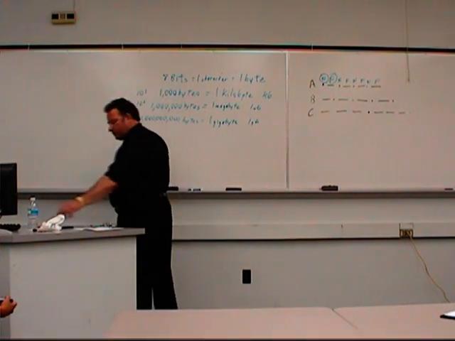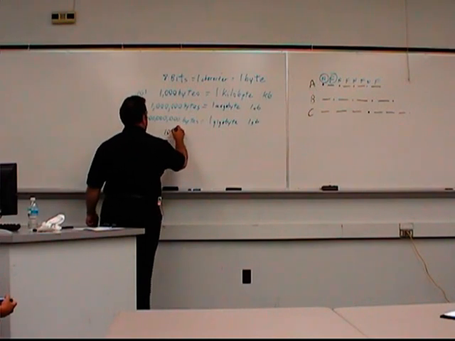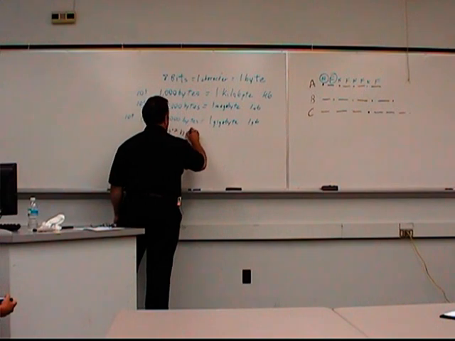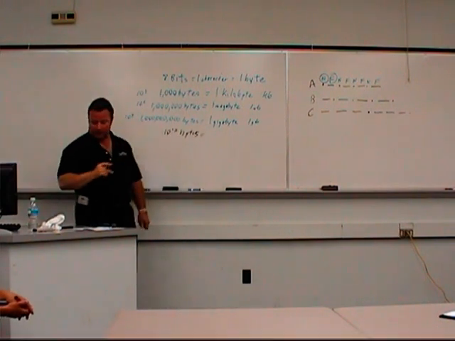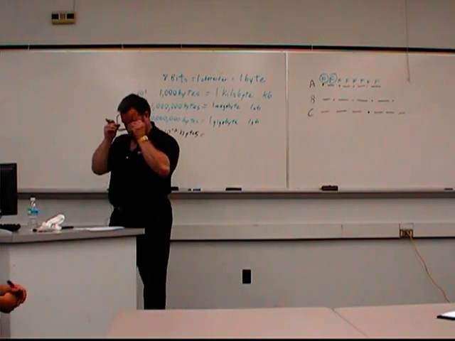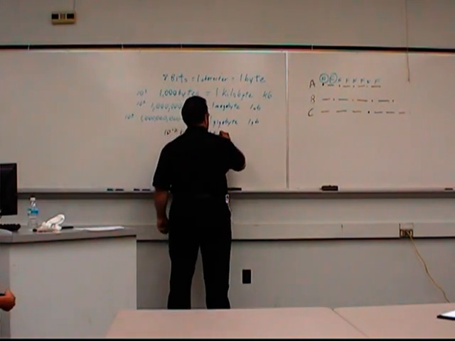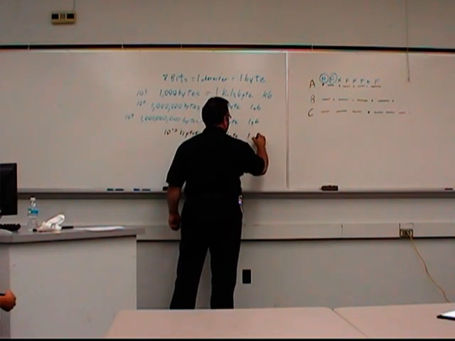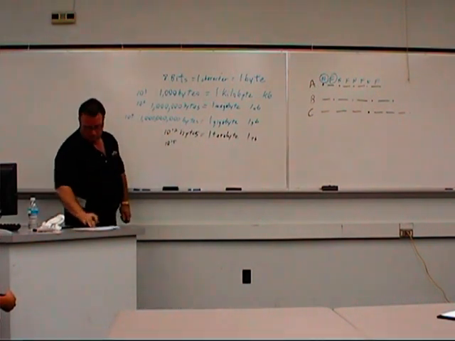The next level is 10 to the 12th. I have a reason for going all this way, and we're going to go a lot farther up. What's that? And I have to look it up. Oh yeah, terabyte. I knew that one. 1 terabyte. 1 TB.